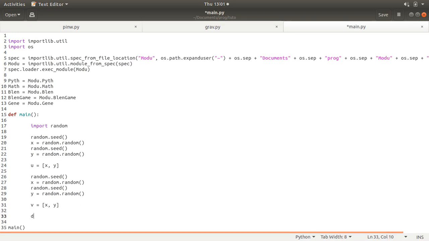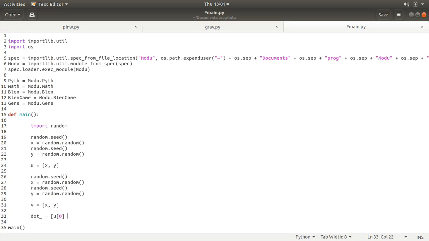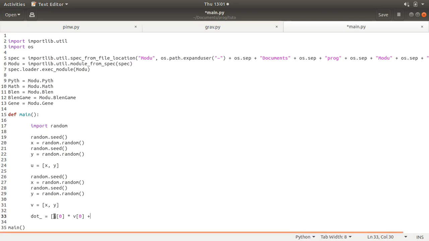Dot equals u0 times v0 plus, I keep adding brackets to this stuff. There's no brackets around dot product.